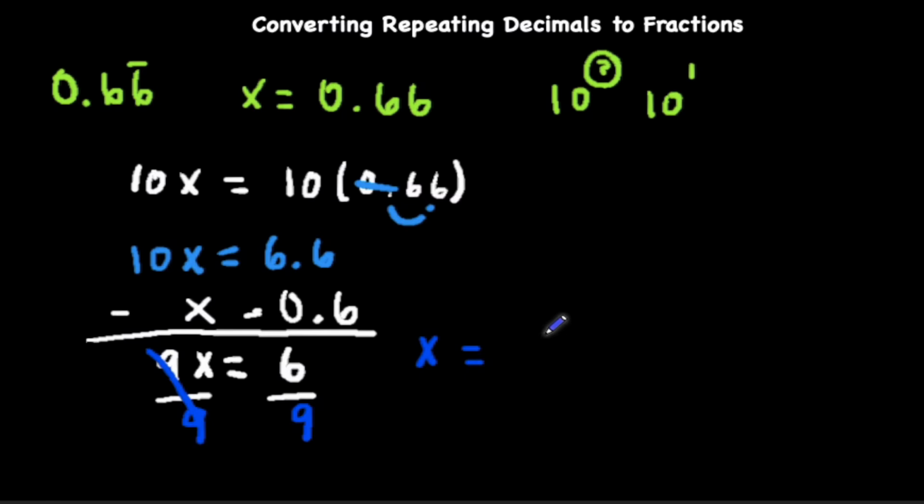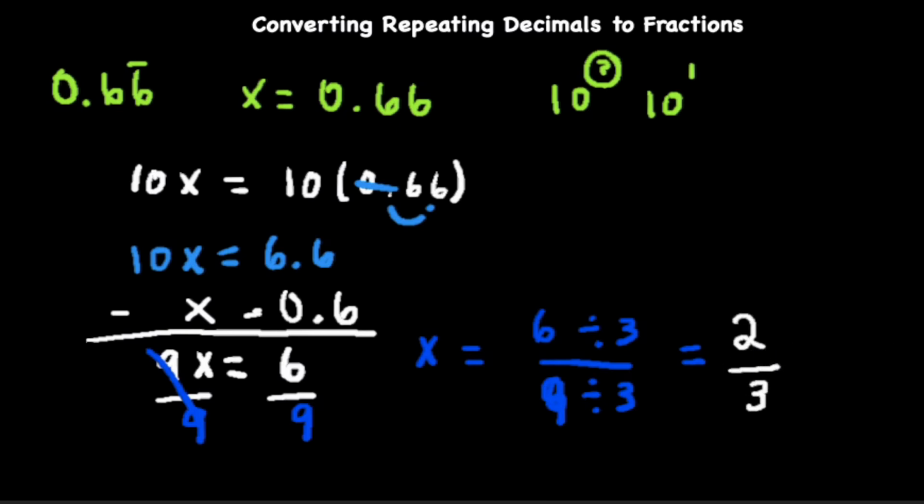Now, what we need to do for this particular fraction is simplify it. We're going to divide by its greatest common factor. In this case, we will be dividing by 3 in the numerator as well as in the denominator. Oops, that should be a 9 divided by 3. So 6 divided by 3 is 2, and 9 divided by 3 is 3.